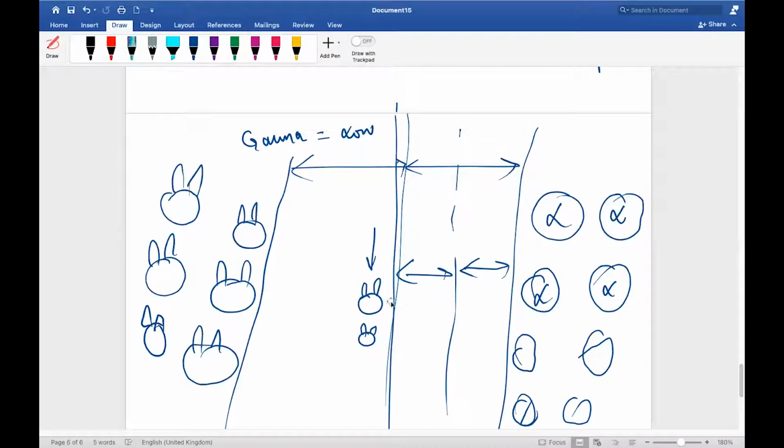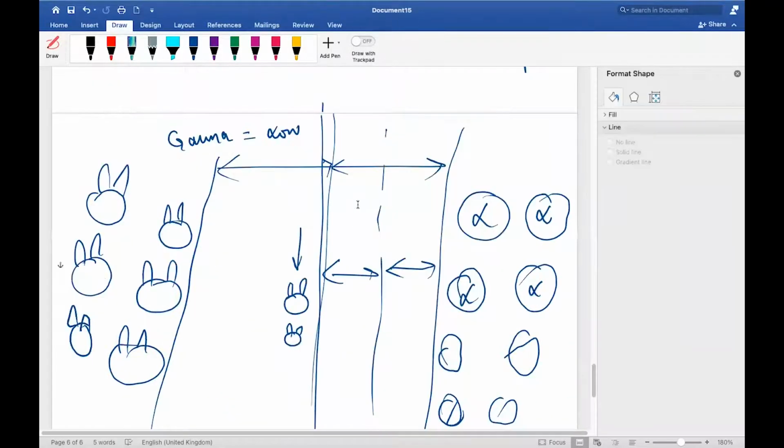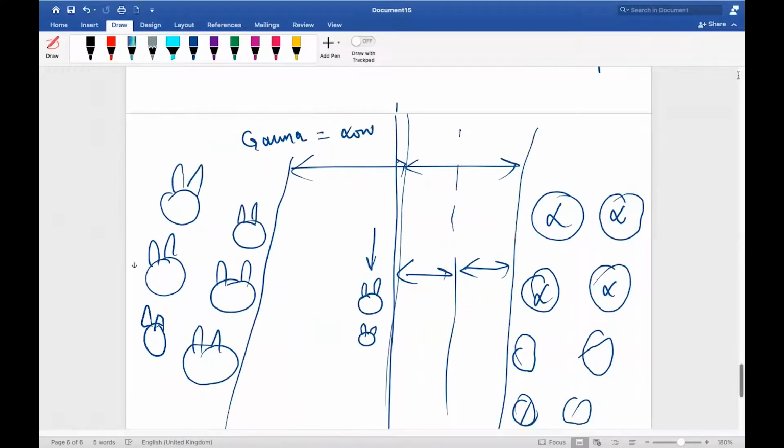Instead, if we keep the gamma low, it will consider these points also, which is the actual group, and it will give some weightage to this, and because more rabbits are here, my margin will widen. Obviously these will now not get separated into the class of rabbit, because then they will be considered as a class of outlier. You got my point?